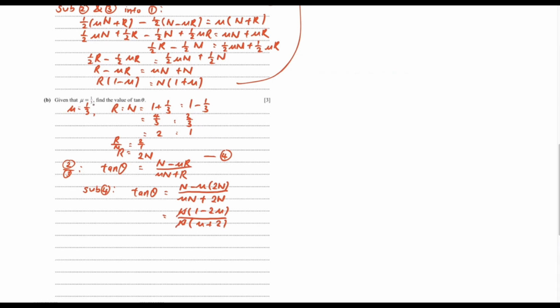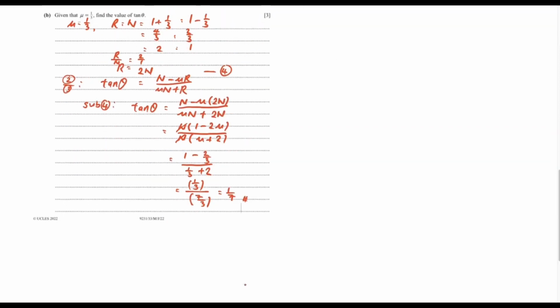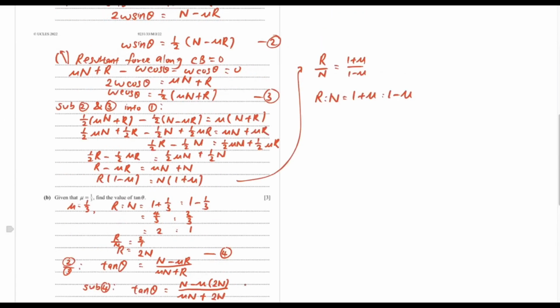Then I know mu is 1 over 3, I substitute inside. So 1 minus 2 over 3, over 1 over 3 plus 2. So I get 1 over 3 over 7 over 3, which is 1 over 7 at the end. So like that, I managed to solve the whole question.